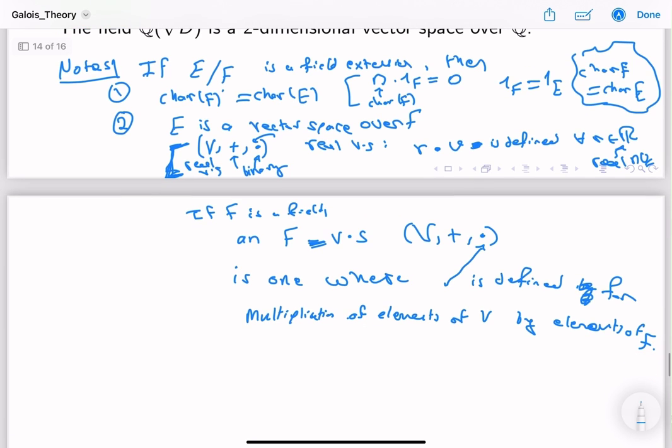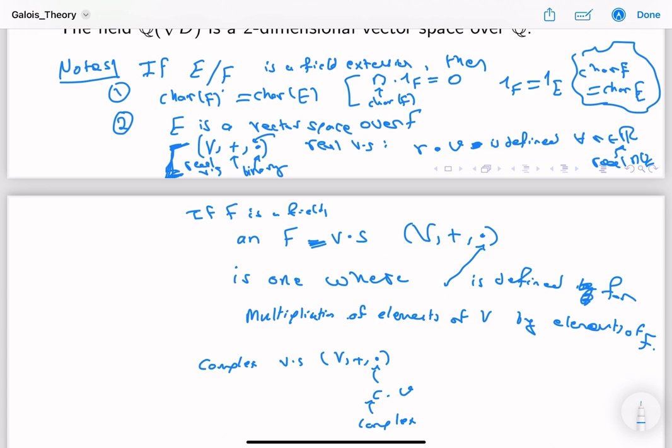For example, when we talk about a complex vector space, in that case we're defining scalar multiplication by complex numbers, which means we're going to define what it means to take a complex number c and multiply it by a vector v. So this is a complex number, as opposed to a real vector space where we require c to be real.